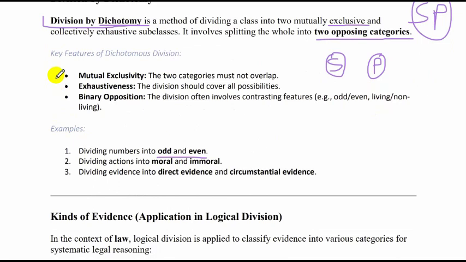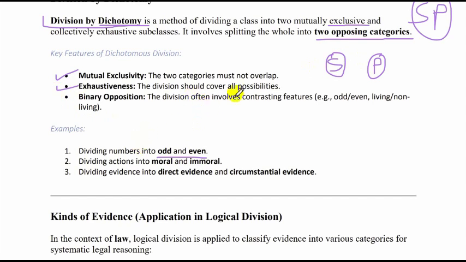What are the key features? It should be mutually exclusive. Means the two categories must not overlap. The category S should exclude everything that is in P, and the subclass P should exclude everything that is of class S.